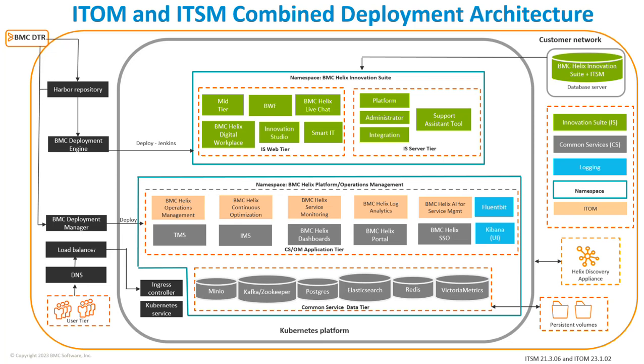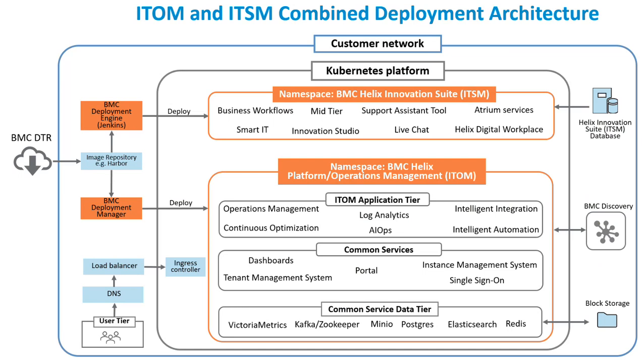There's a change coming up in the upcoming 23202 platform release, where the Helix logging components are temporarily unavailable. So this is the upcoming architecture. It's largely the same. The main difference is that the EFK component of Helix logging is no longer generally deployed.